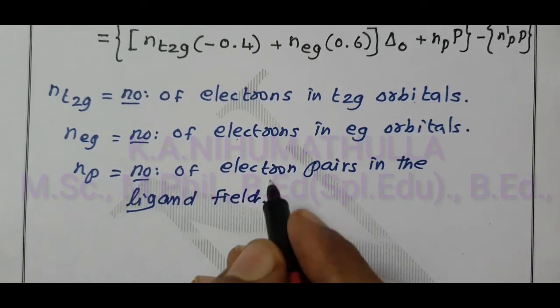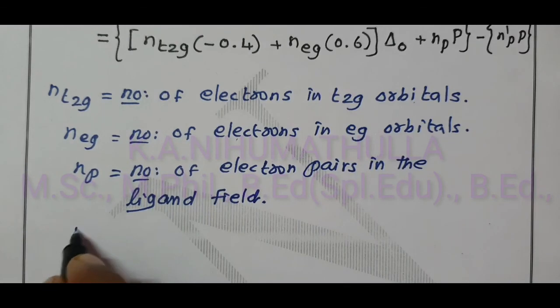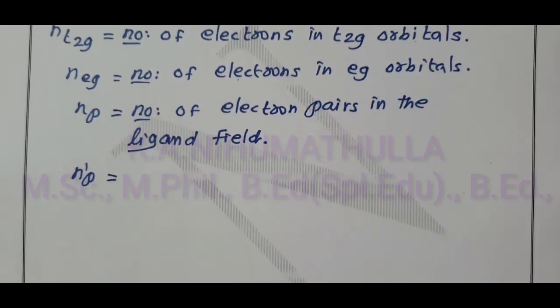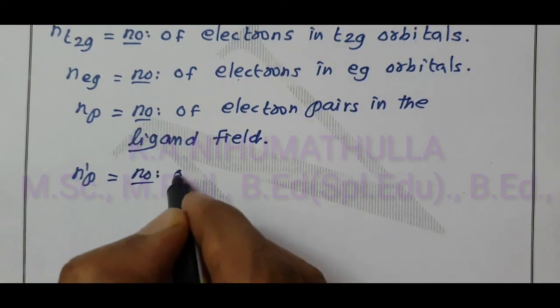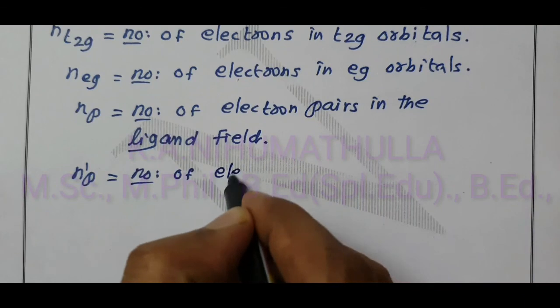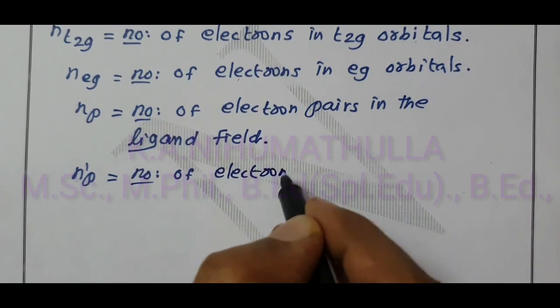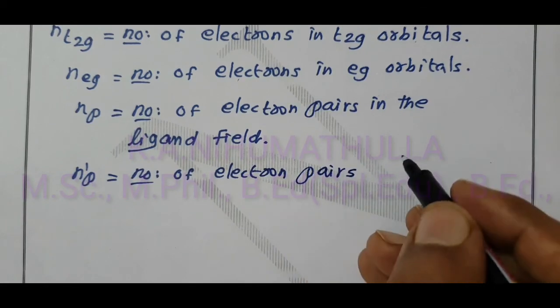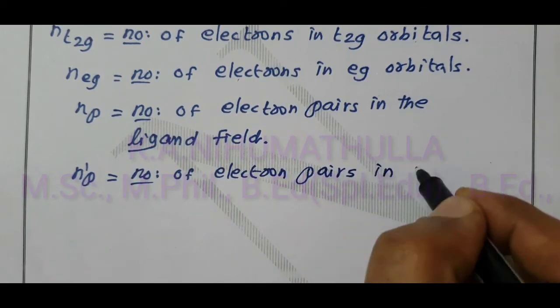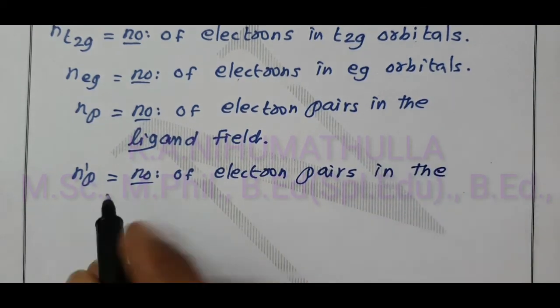And what is n dash P? That is equal to the number of electron pairs in the isotropic field.